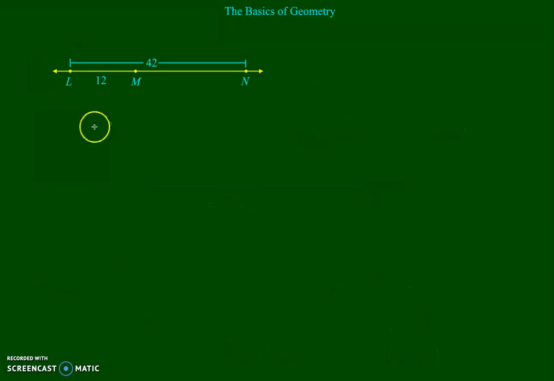Here we're given that segment LN is 42 units long. LM is 12 units. We want to find MN. So using the segment addition postulate, we know that the length of LM plus the length of MN equals the length of LN.